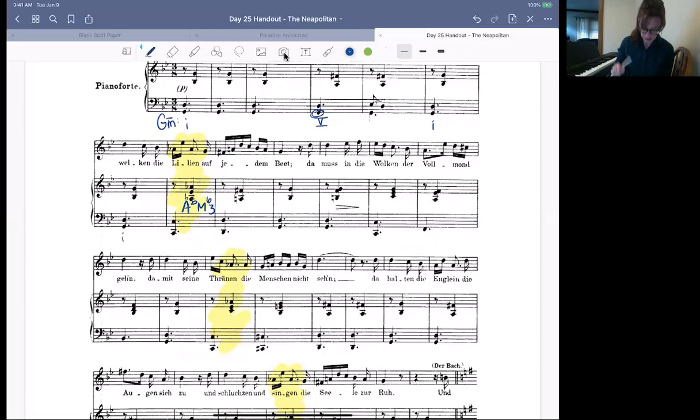Now, let's jump ahead. So skip the highlighted bar with the A flat major triad and look at the bar right afterwards. We have a nice clear, this time no tonic pedal, just a nice clear root position dominant that goes to tonic to end the phrase. So what to do with this highlighted measure?